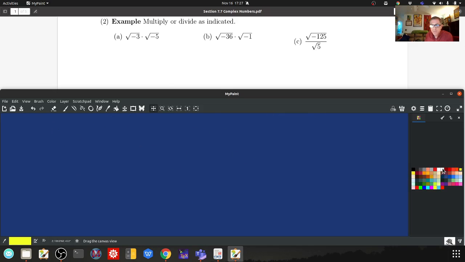All we have to do is follow the exact steps that we did above. So let's do the square root of minus 3 times the square root of minus 5.